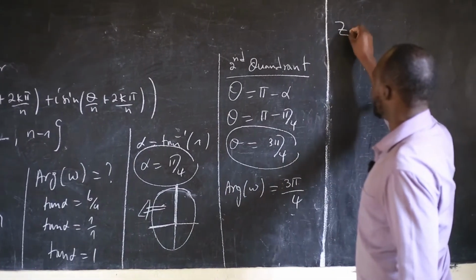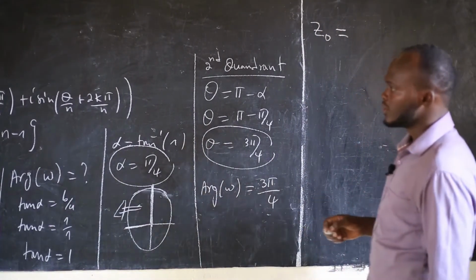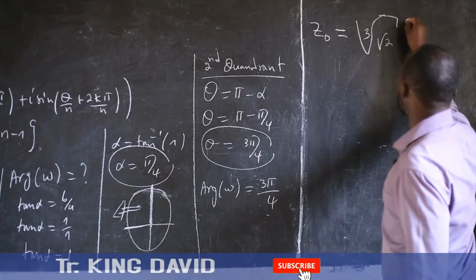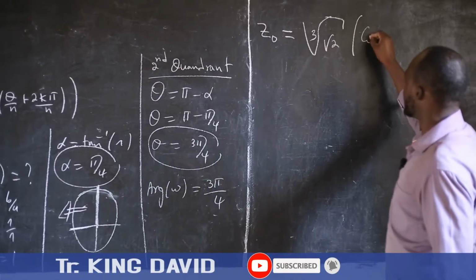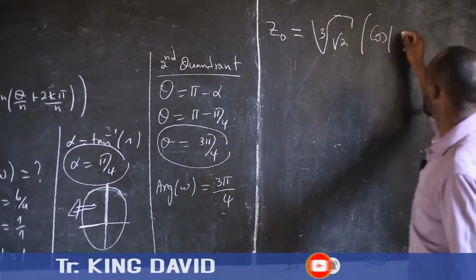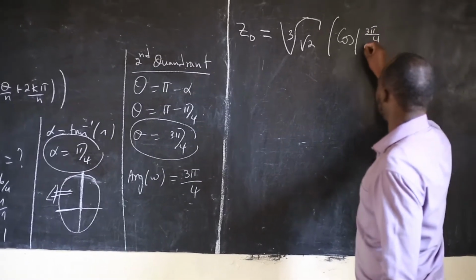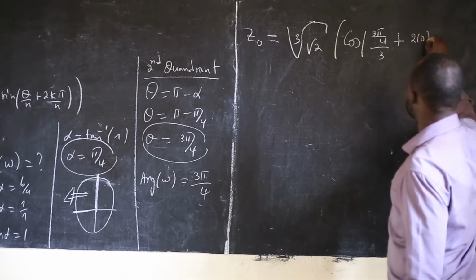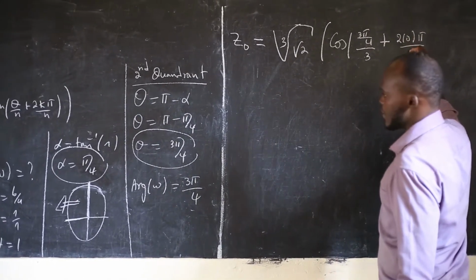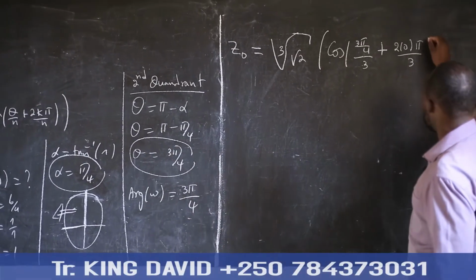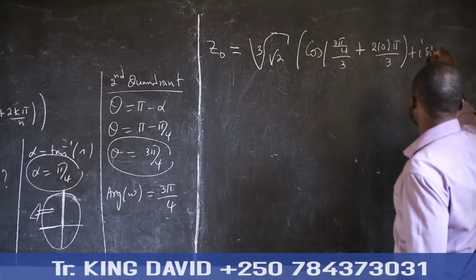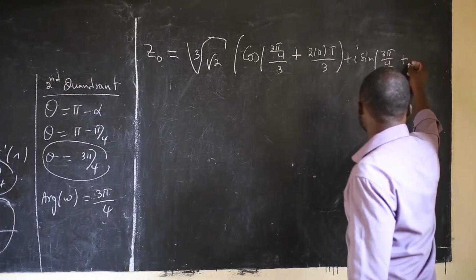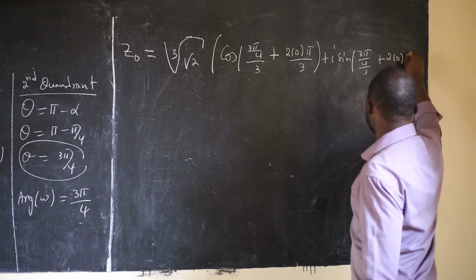We're going to start with z0. z0 will be equal to the cube root of root 2 into bracket cos, what is our angle? 3 pi over 4, divided by 3 plus 2k, where k is 0, pi over 3, plus i sine of 3 pi over 4 divided by 3 plus 2 times 0, pi over 3.